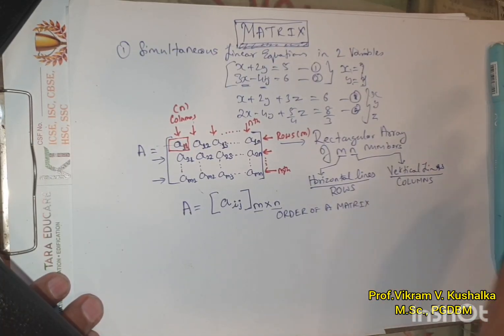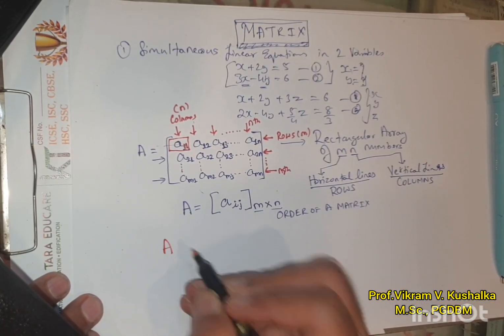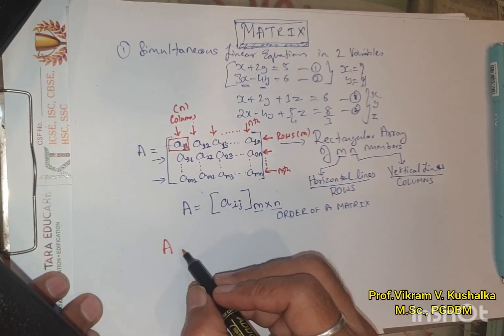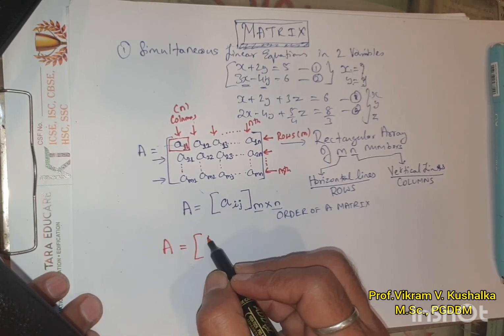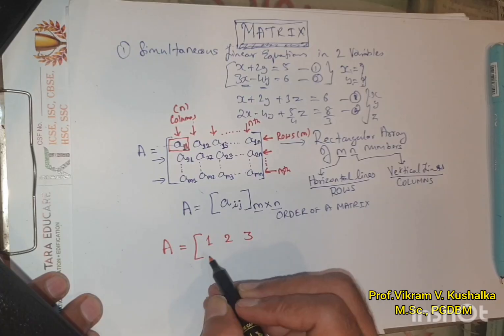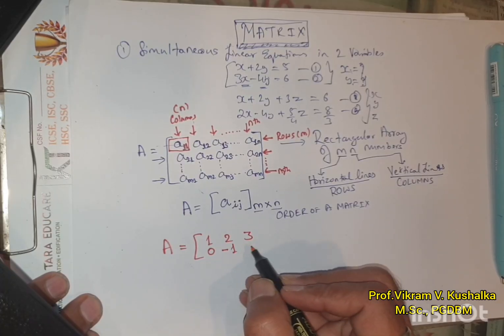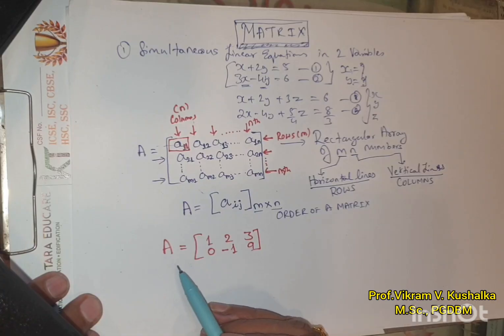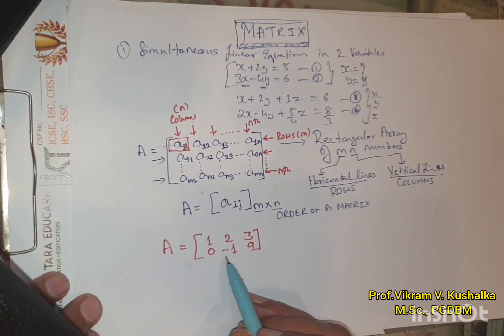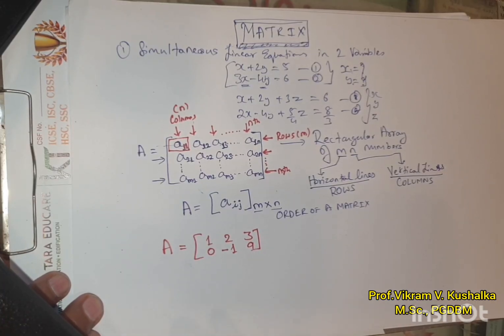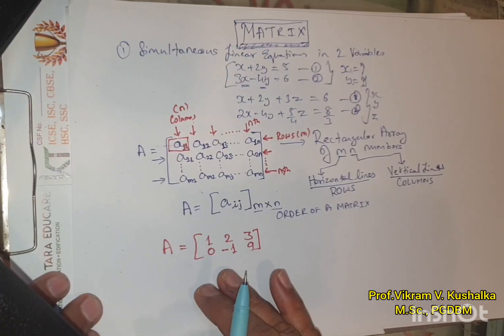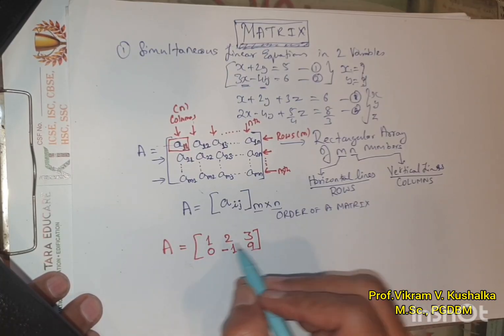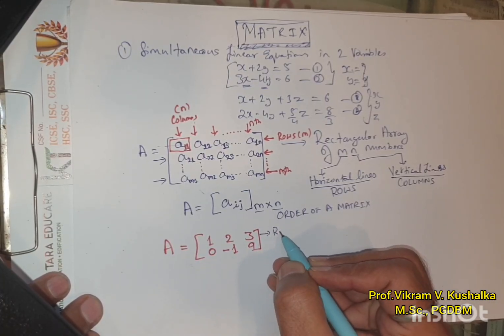Now let us take for example a matrix A is equal to 1, 2, 3, 0, -1, 9. So these are the elements which are present in matrix A. What can we say about how many rows and how many columns are present in this case? Let's count. This is my row 1.